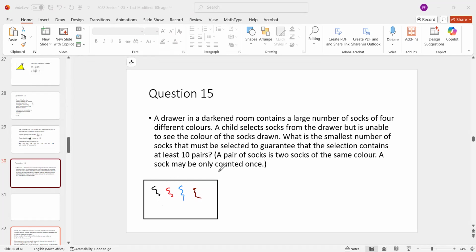Now, to get 10 pairs, you need to have at least 20 socks. But you could have 20 all black, all brown at least. That'll give you 10 pairs. So every time you have 2 of the same color, you got a pair. So you need to have at least 20 socks, which you must draw.